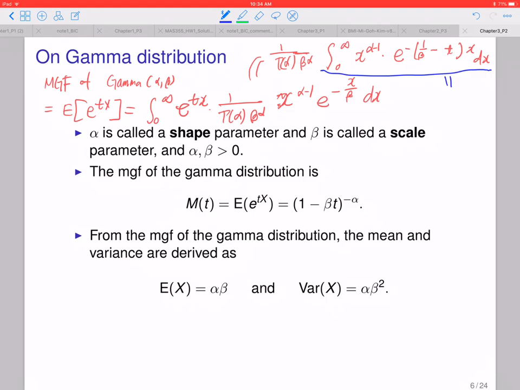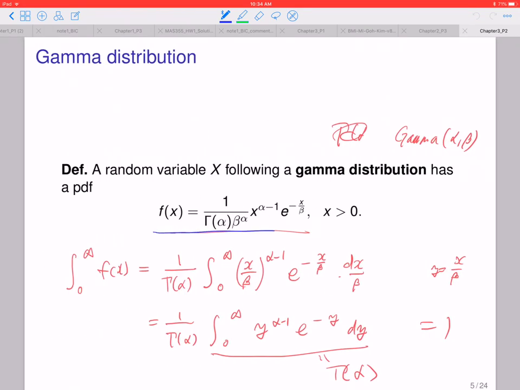If you write it as x^(alpha minus 1) e^(minus beta' x) dx, where beta' is another beta, then this integration is gamma(alpha) over beta' to the alpha, because of the form of the PDF.